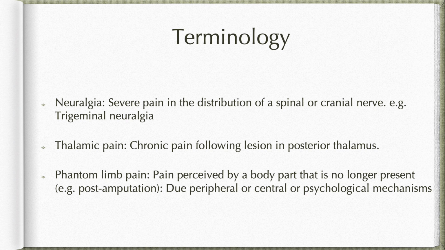Or it could be due to certain central mechanisms like sensitization of all central pathways which were carrying information from the amputated area. Or there is another central mechanism called cortical reorganization.